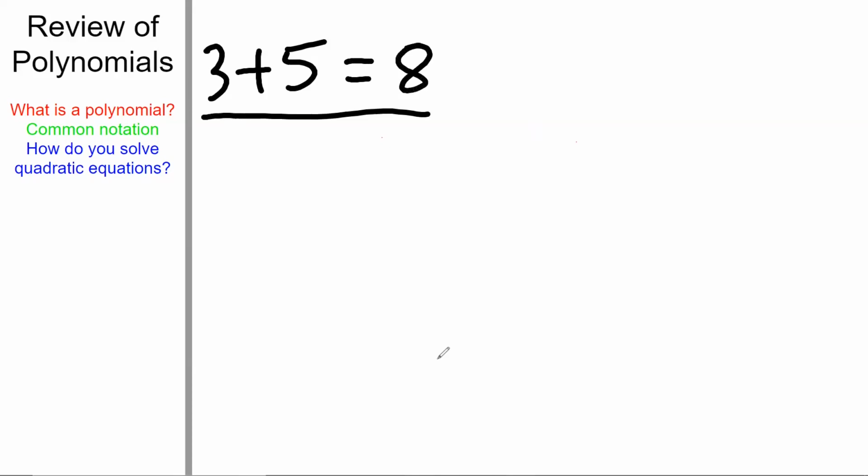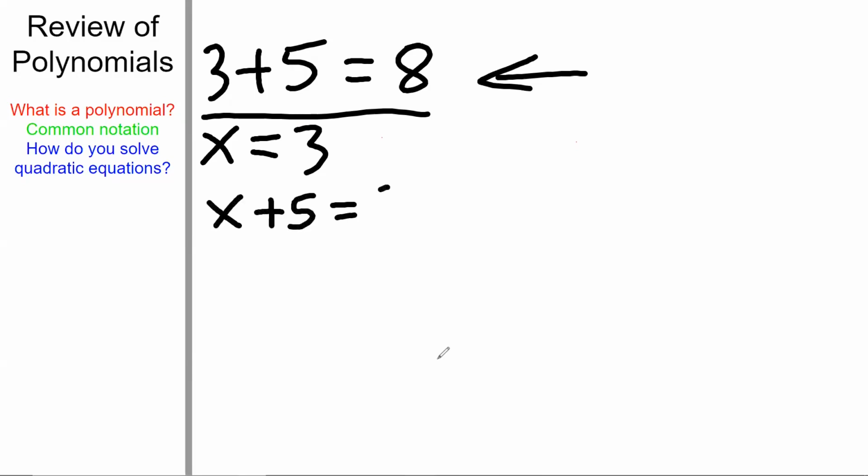And this is all well and good. But if I set a variable x, for example, is equal to 3, then that means that wherever I see a 3 in the equation I wrote, I can just as easily replace it with x, which means that this exact equation can also be written as x plus 5 is equal to 8.